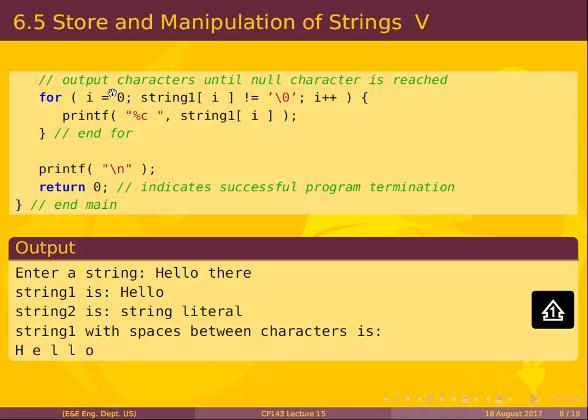We start at 0 because in C arrays, we start indexing at 0. Then we say we're going to continue this for loop while we haven't reached the null terminating character. And then we're just going to increment our index. So what we're going to do over here is print the character with the space.